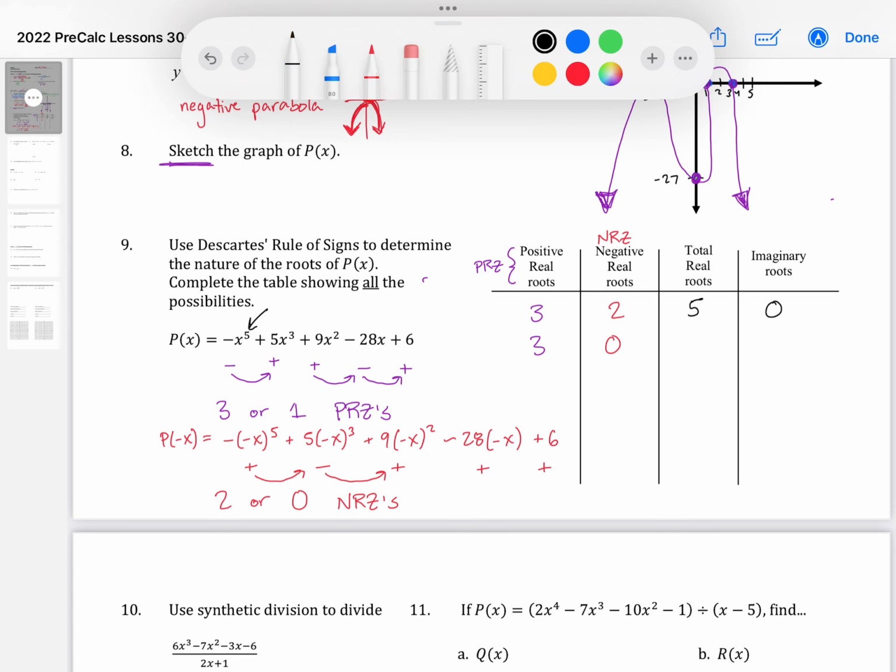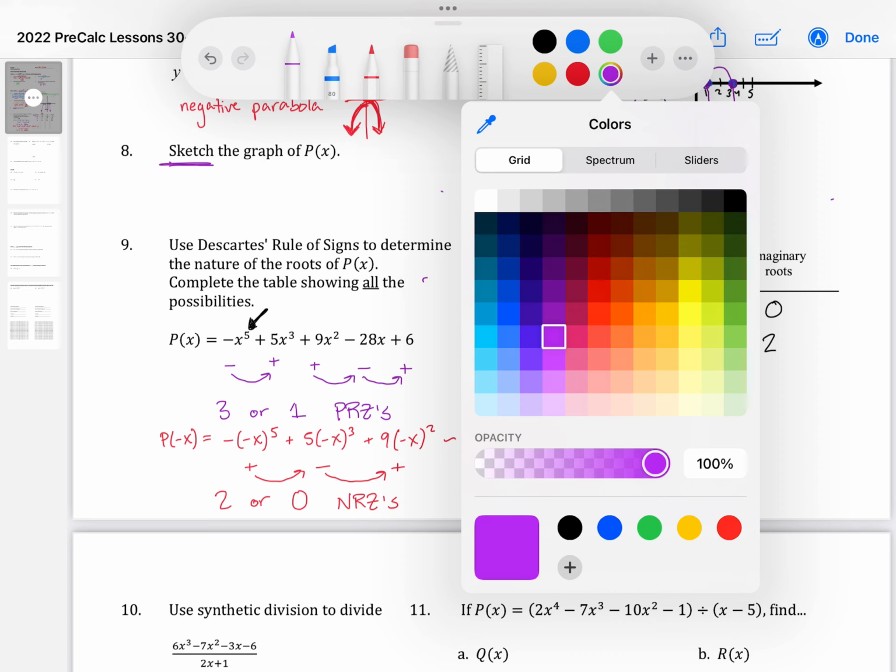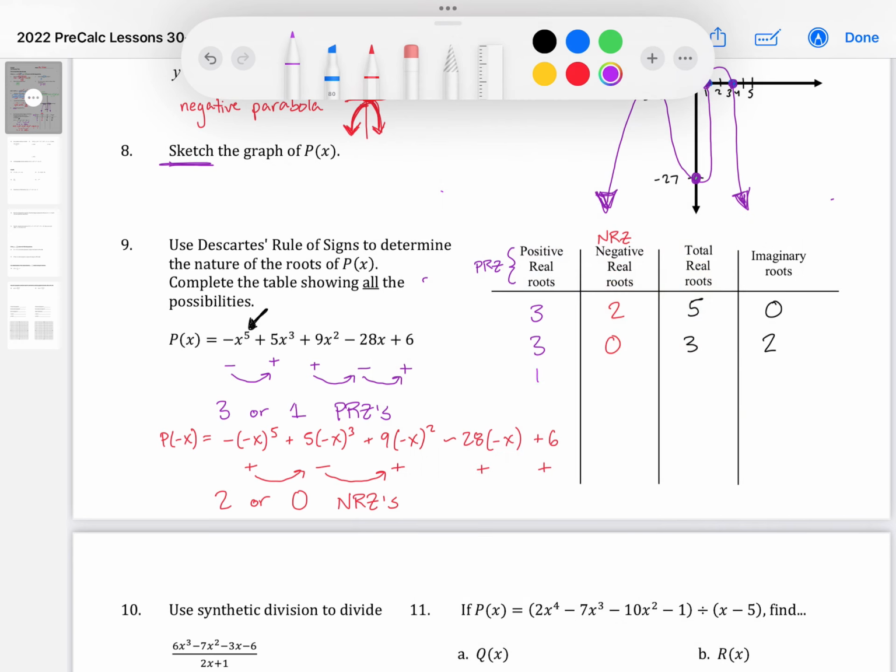Well, then I have only 3 real roots, which means I have to have 2 imaginary roots to get this total degree of 5. All right, and then the last thing I could look at, well, what if I only have one positive real root?